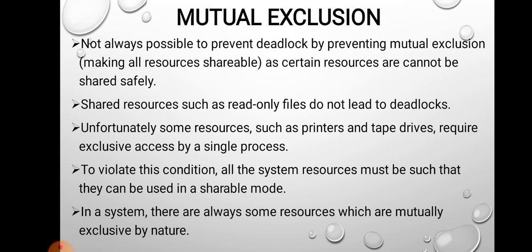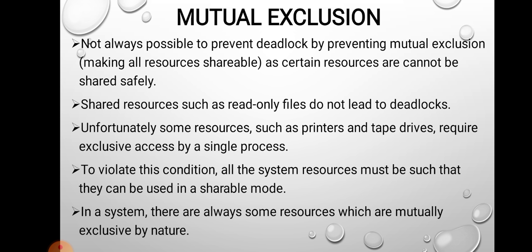First we'll study how you are going to eliminate mutual exclusion to prevent a process from deadlock. So the first one is mutual exclusion. What do you mean by mutual exclusion? We have studied it.